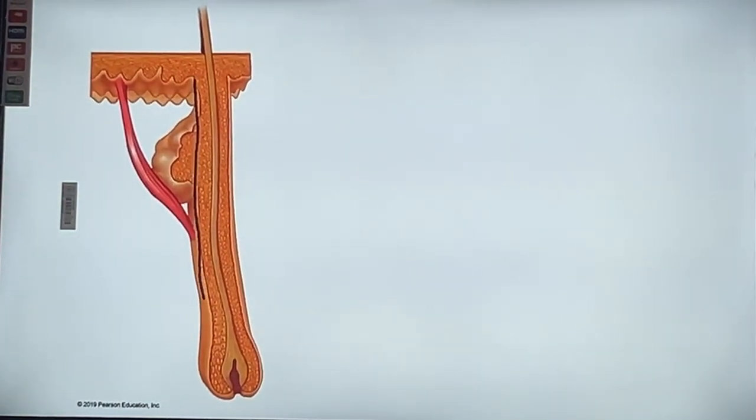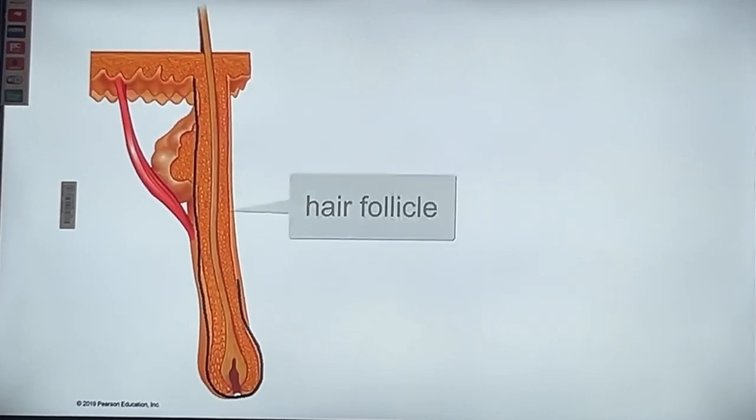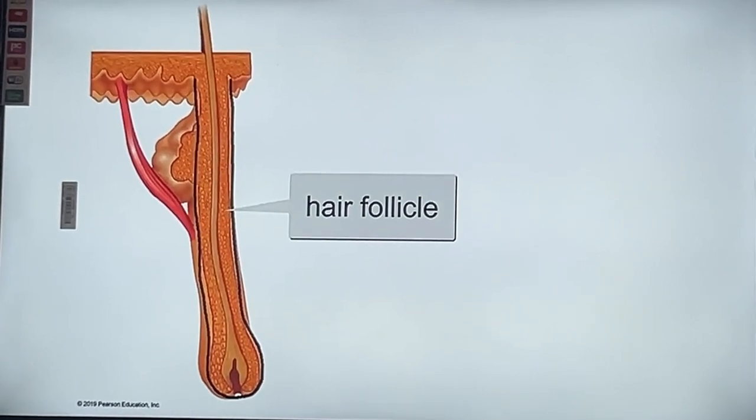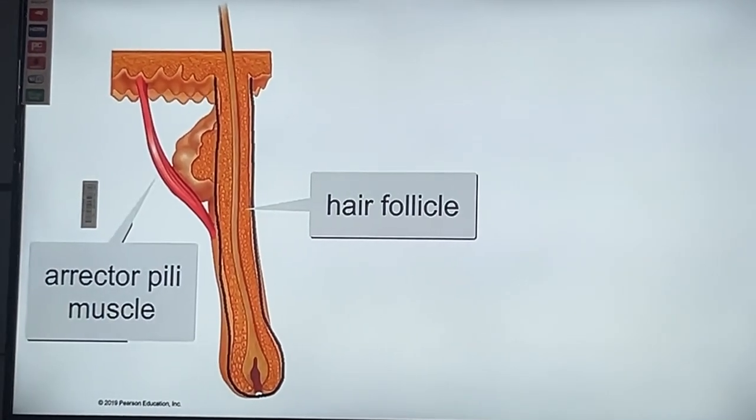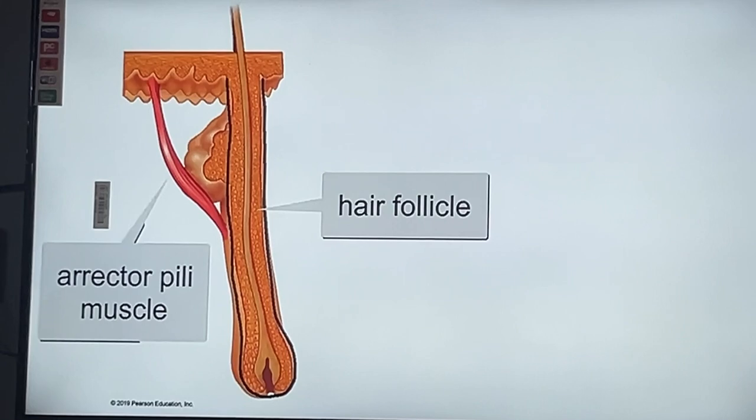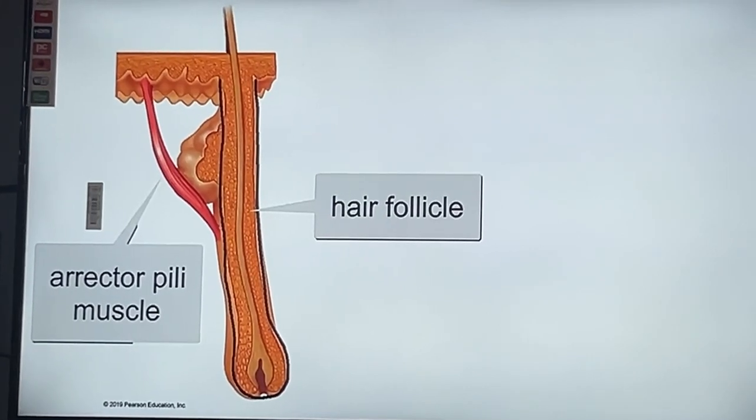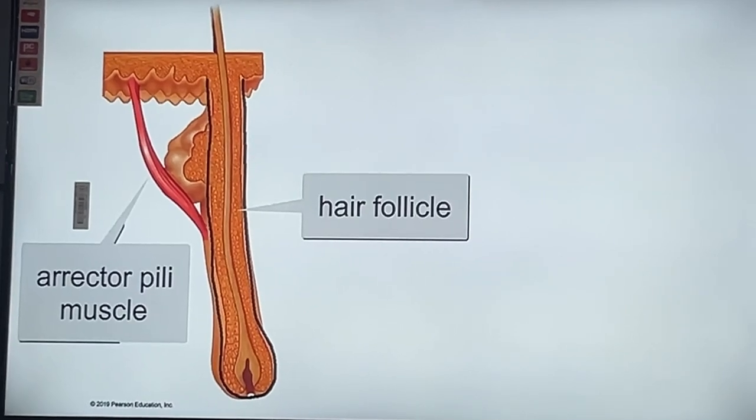And the portion of the epidermis that is extending down into the dermis surrounding the hair, this is the part that's known as the hair follicle. Associated with every hair follicle is a tiny muscle called the erector pili muscle. The erector pili muscle is just a little band of smooth connective tissue. When it contracts, it causes the hair to stand on end and causes what we call a goosebump.